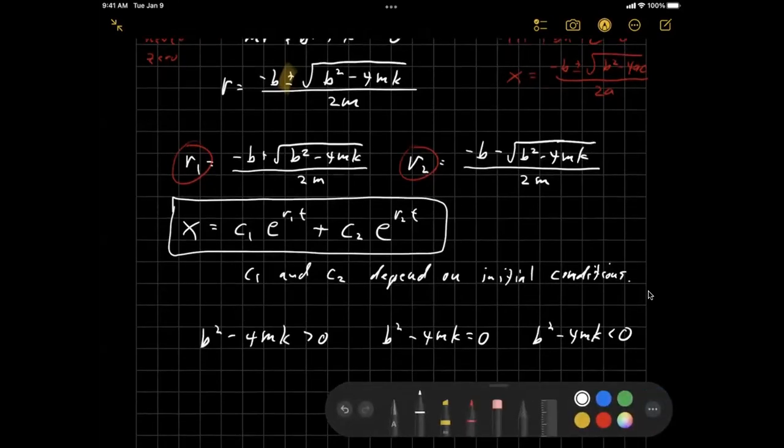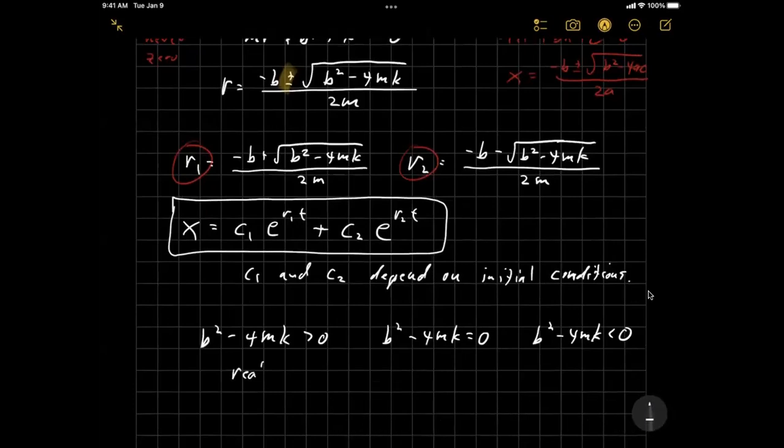Now, if we have the first case, these answers will be real. You'll get two real answers, right? In the second case, you'll actually get one answer with double multiplicity, okay? This is the break-even point between b squared, the damping, in other words, being bigger than 4mk, and b squared being less than 4mk.